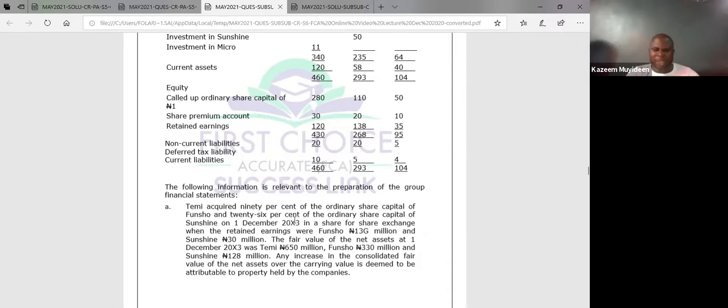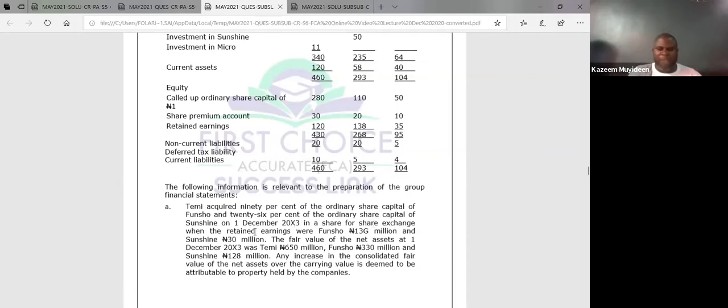And 26% of the ordinary share capital of Sunshine on 1st December 2003. So in 2003, he acquired 90% and 26%. 26% is an associate. He has an investment in an associate in Sunshine, but in Fusion, he has 90%.